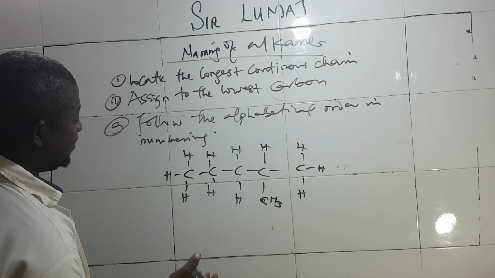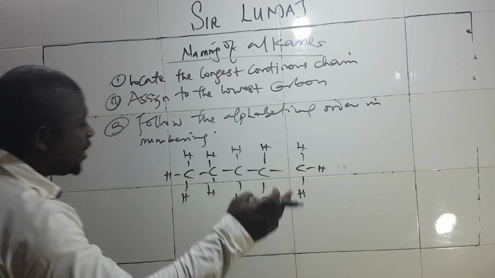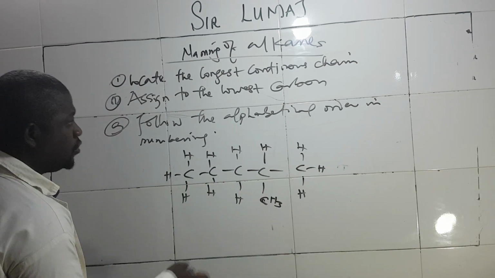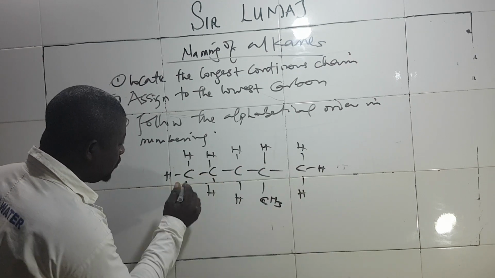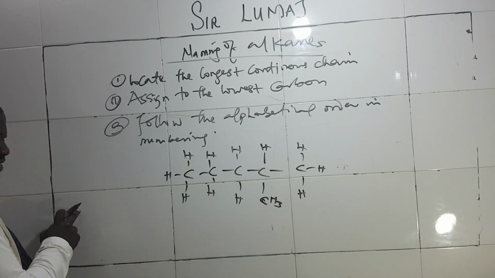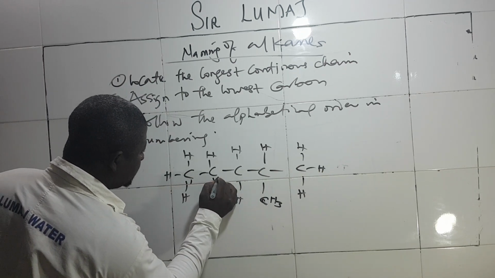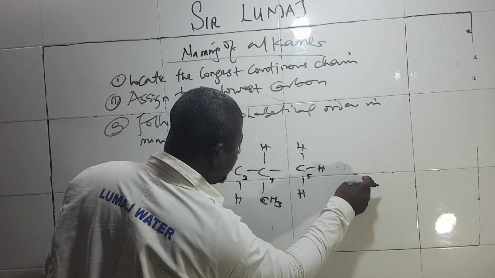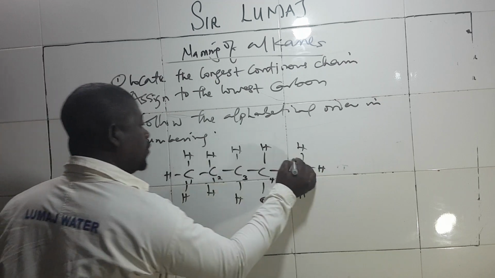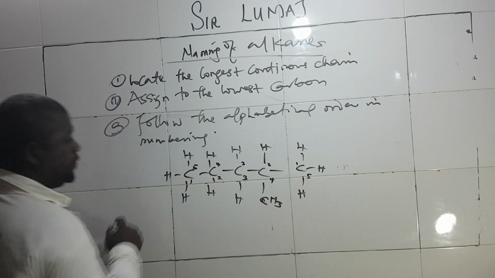Sorry, this is a hydrocarbon, carbon and hydrogen only. If you now look, I said locate the longest continuous chain. This is carbon. Don't forget your 1, 2, 3. You do it in ascending and descending order. Numbering from the front, 1, 2, 3, 4, 5. Is there another carbon? No. Then you go backward again, 1, 2, 3, 4, 5.